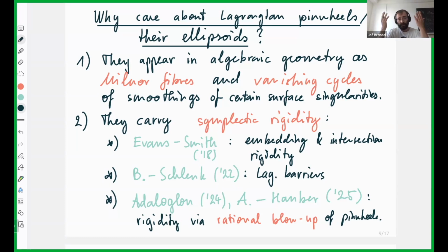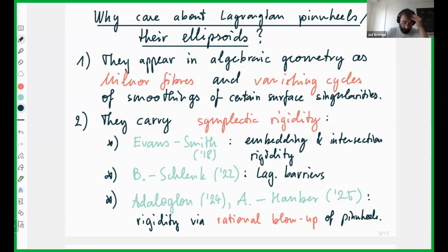And if you embed two of them, more often than not, they have to intersect, even up to Hamiltonian perturbation, except if the two Markov numbers are part of the same Markov triple. Very nice rigidity results in that direction.